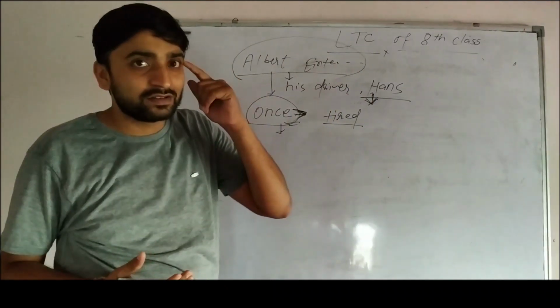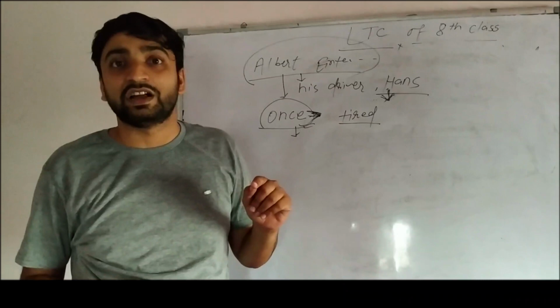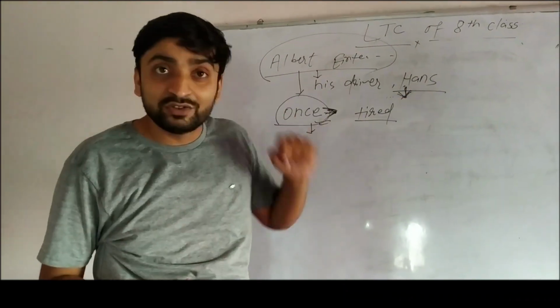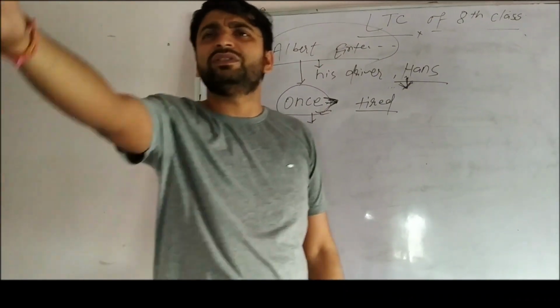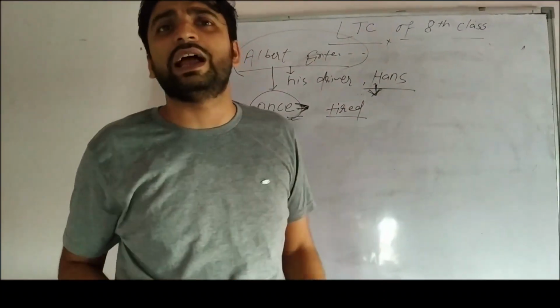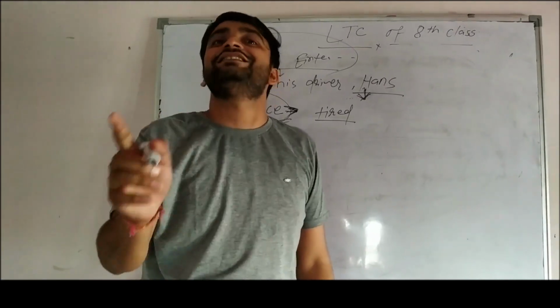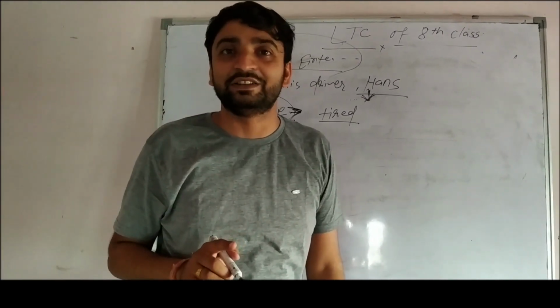But Hans was also a genius. What did he say? He said, "Oh, this question is very easy. Even my driver could answer it." And who was the driver? Albert Einstein was the driver in reality.